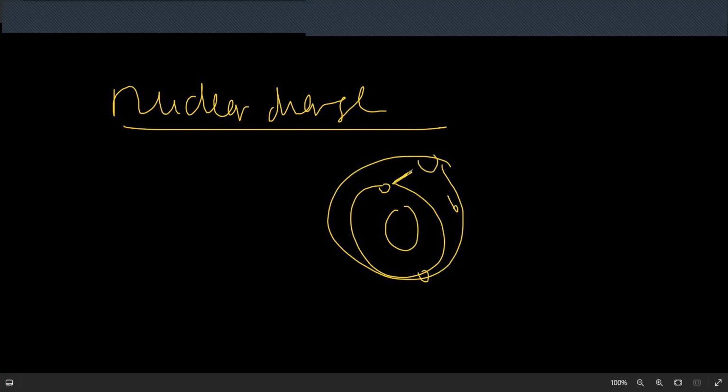So these are intervening electrons. Now they cause a force which reduces the nuclear attraction on the valence shell. This is called the screening effect or shielding effect.